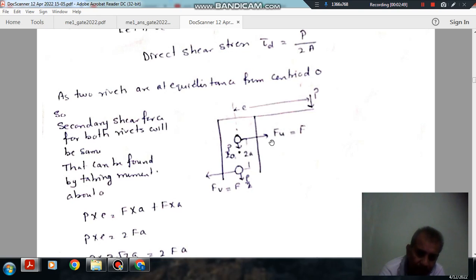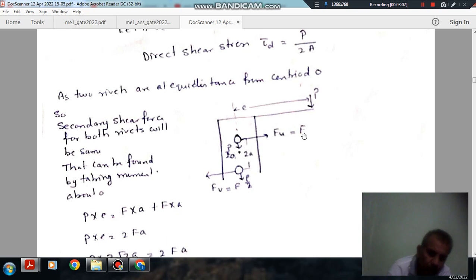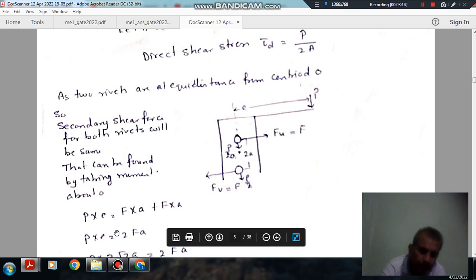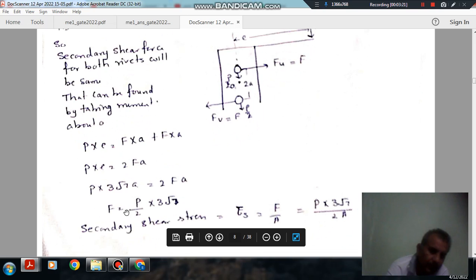FU acts in this direction because P is causing a clockwise moment, so their effect on the rivets will also be clockwise. So P into E can be divided into F into a plus F into a. E is 3 root 7 a, and from this we get F as P by 2 times 3 root 7.